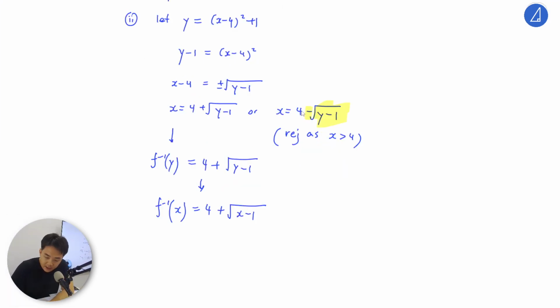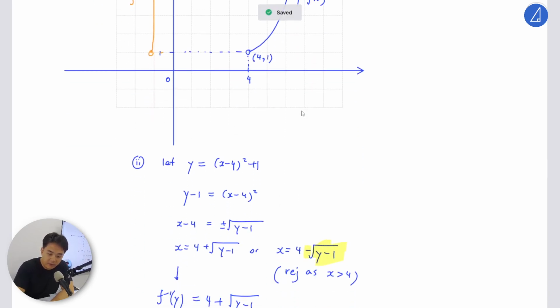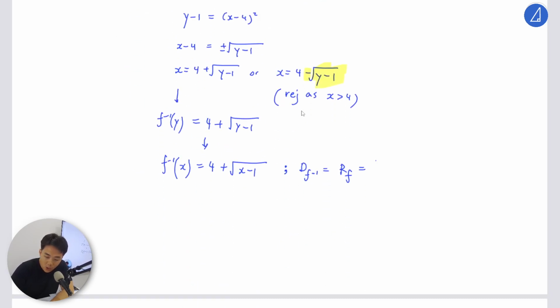The domain of f inverse is what? The range of f. Last week we touched on the range of f being the y values. So the range of f here will be (1, infinity), not inclusive of 1.